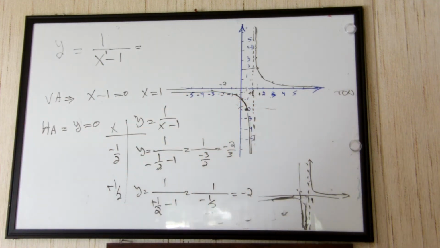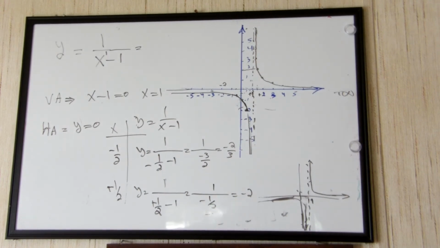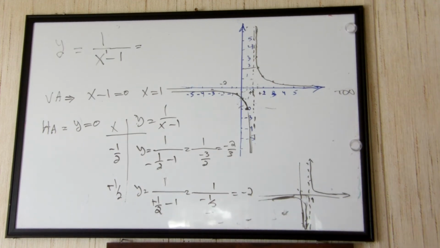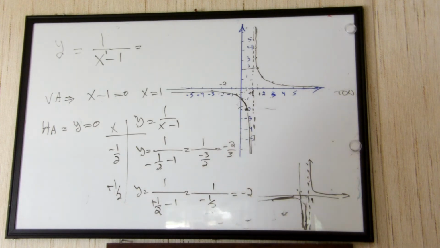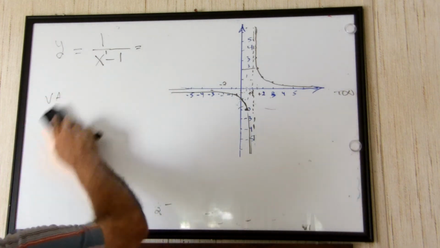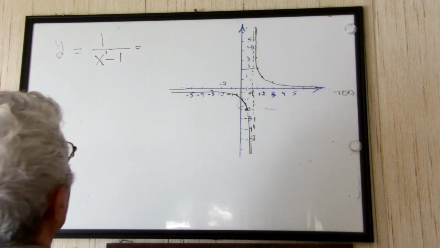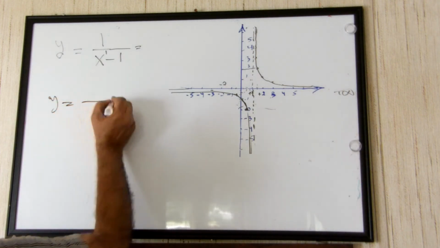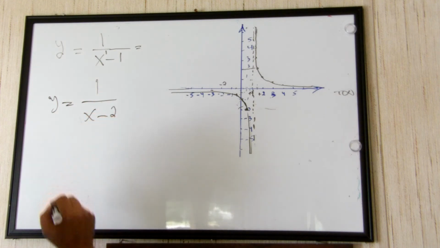So that is how to graph this rational function. They can be more complicated. Suppose actually you give one more: 1 over x minus 2.